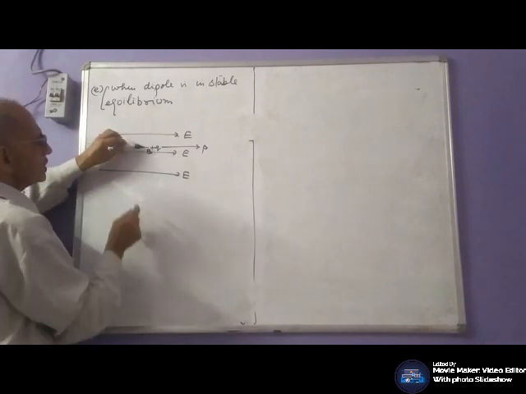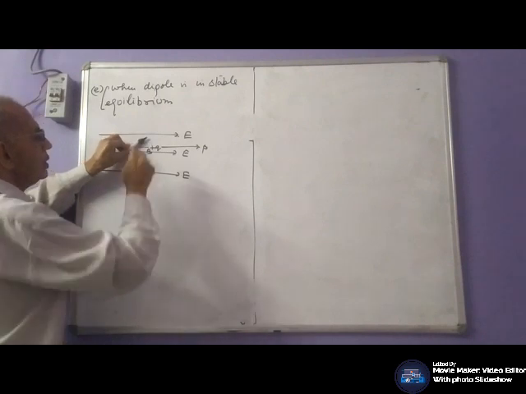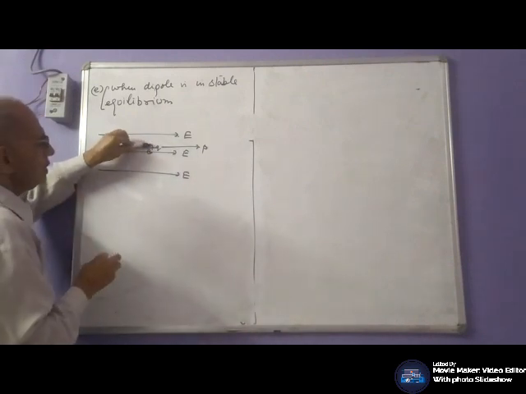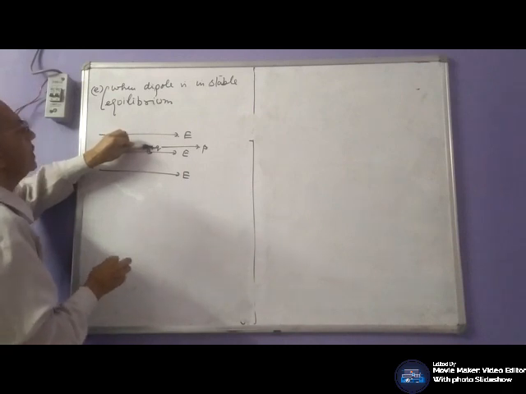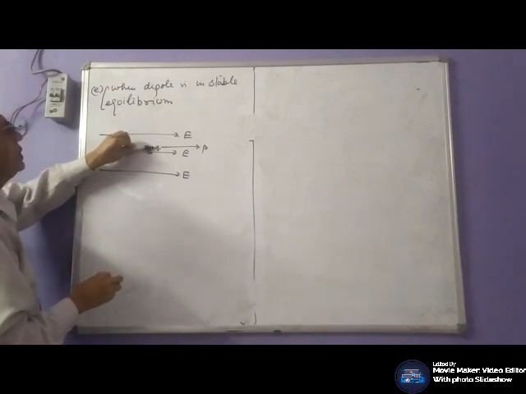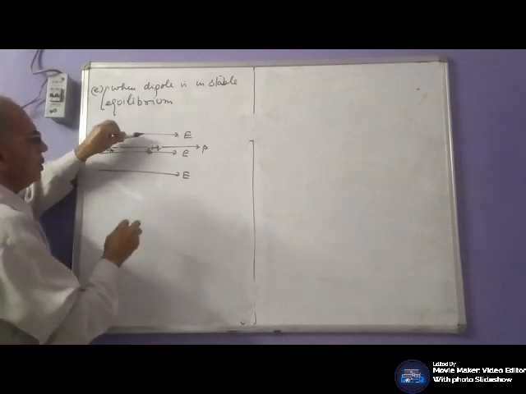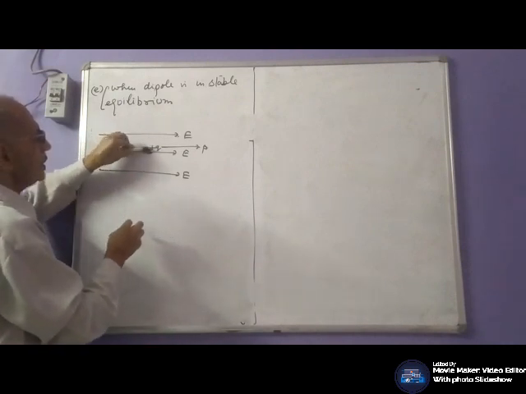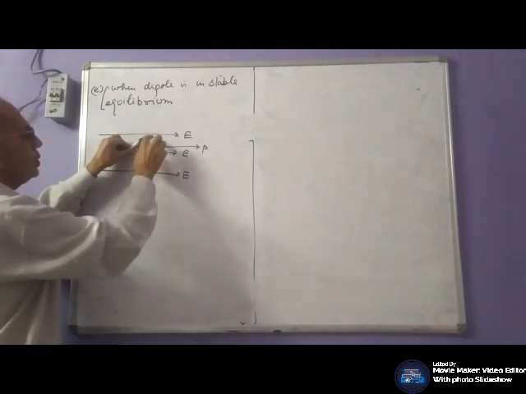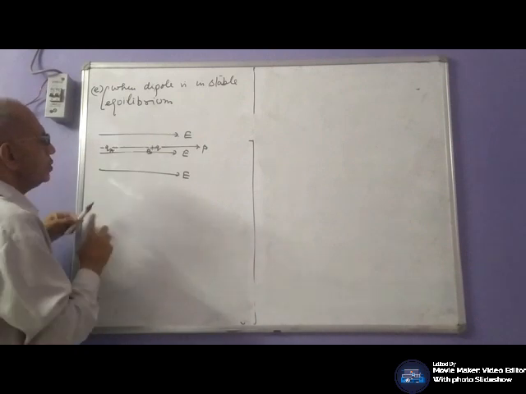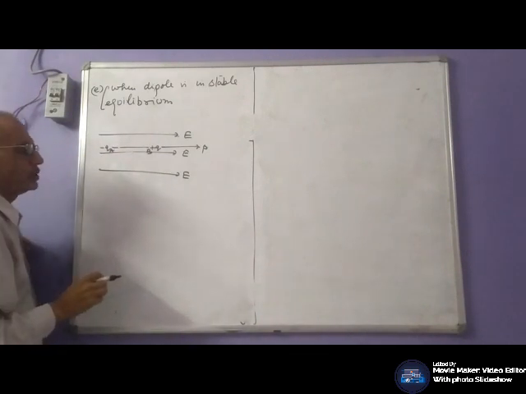Now disturb this. Force in this direction, force in this direction, it will come again here. So this is the stable equilibrium position of the dipole. Rotate, force QE, again. So this is the stable equilibrium position.